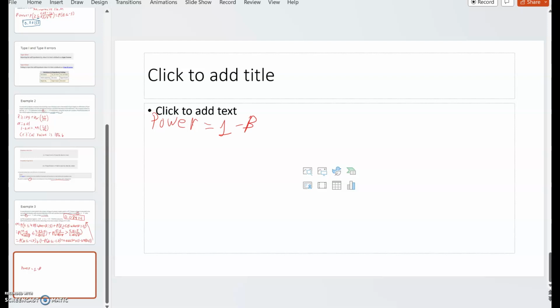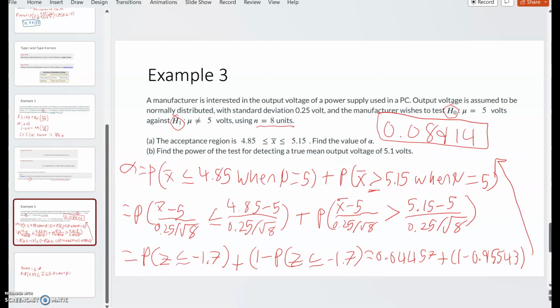So for this, we're going to need to find beta, which is going to be very similar to what we just did: the probability that 4.85 is less than or equal to the mean, less than or equal to 5.15, when the mean, in this case, we want 5.1 volts.